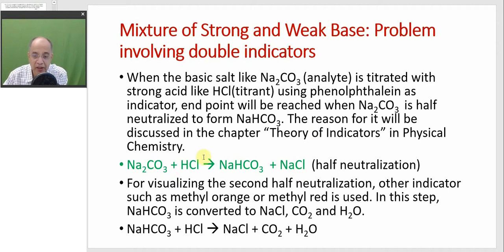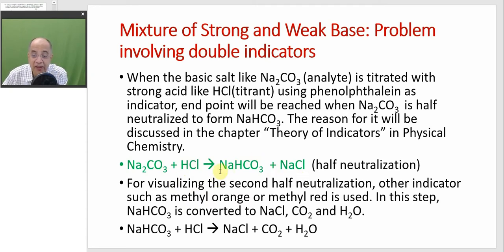Sodium carbonate, and you are adding HCl slowly in a titration mode, HCl as titrant and sodium carbonate as analyte in the conical flask. You will not get carbon dioxide evolution.